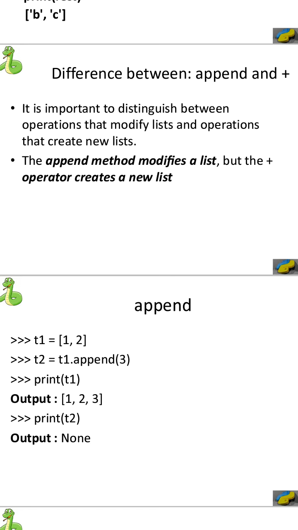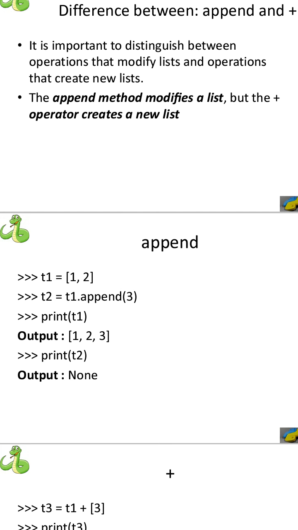If you observe T1 equal to 1 comma 2, T1 is a list which has two elements, 1 comma 2. And if you observe T2 equal to T1 dot append of 3, whatever modification the append function does with respect to T1 will be seen only in the original list T1.